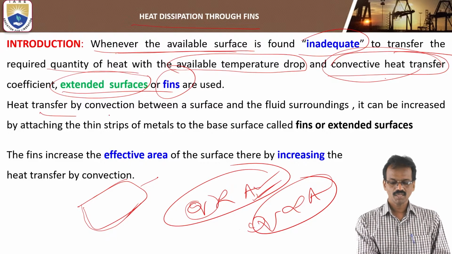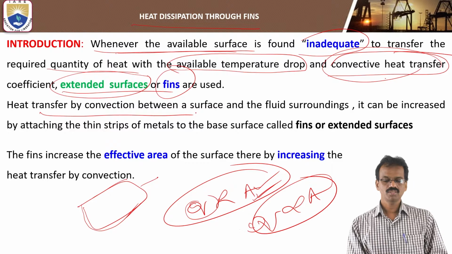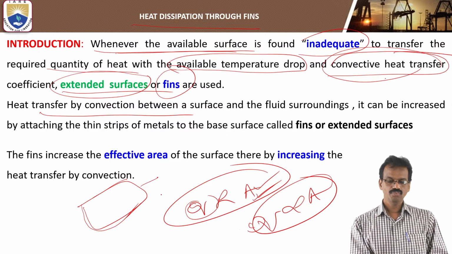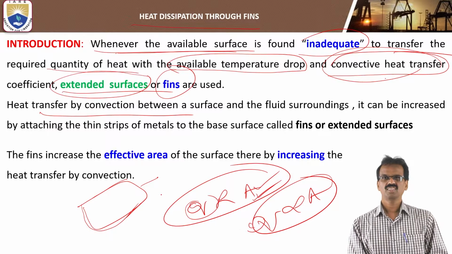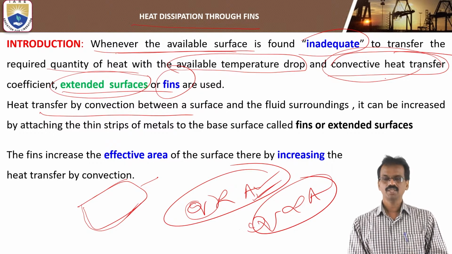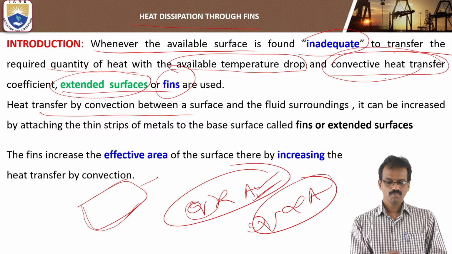Okay, heat transfer by convection is the mode to transfer heat from solid to fluid. Here in bikes, heat is dissipated from the engine to atmospheric conditions, which is required.